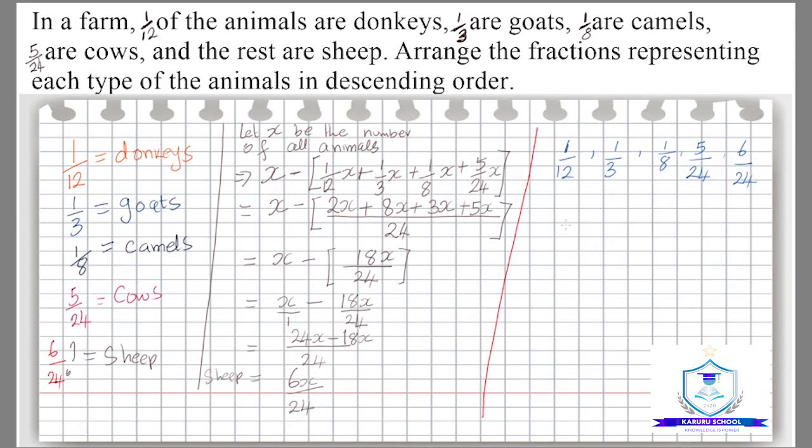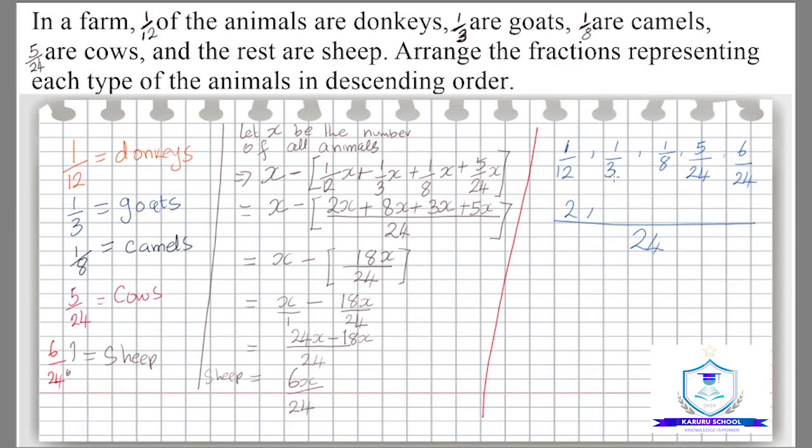The easiest way to arrange these fractions in descending order, which means starting with the largest fraction and ending with the smallest fraction, is to look for the LCM of the denominators, and then for each fraction look for a corresponding representative. So let's look for a common denominator, which will be the LCM. The LCM of 24, 8, 3 and 12 remains 24. And then we take 24 divided by 12, this gives us 2 multiplied by 1, which gives us 2. And then we are not adding, just put a comma.